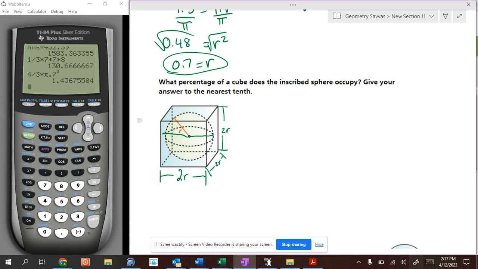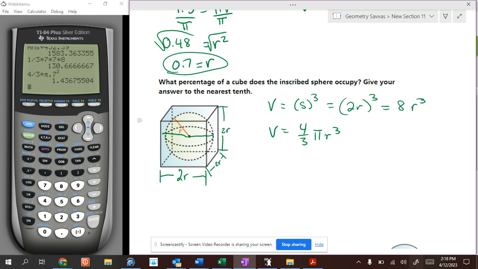So the volume of the cube is whatever the side is cubed, or 2r cubed. 2 cubed is 8, r cubed is r cubed. The volume of the sphere is 4/3 pi r cubed. And that's just what it is.